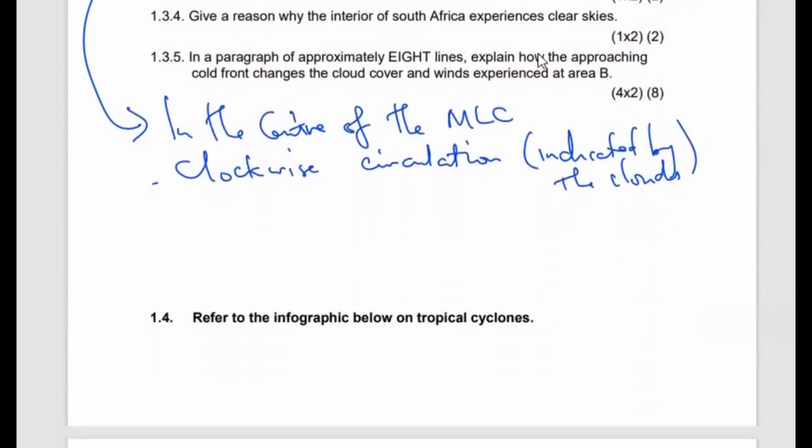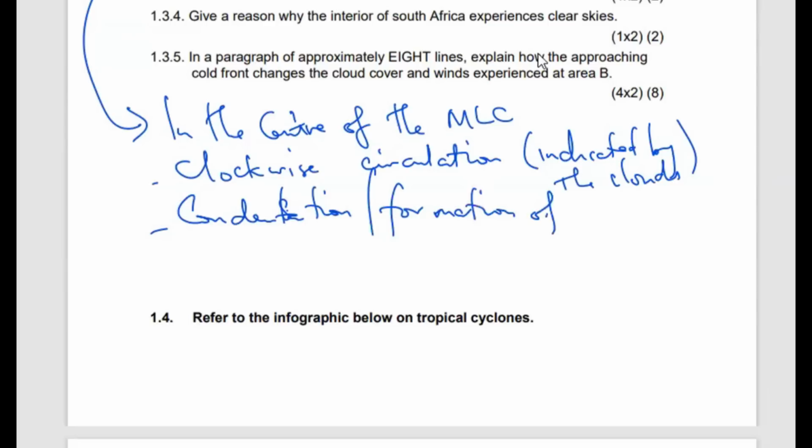And also the other argument that we can use is that there is condensation, or there's cloud formation. We know well that a low pressure system facilitates the upliftment of air and the formation of clouds.